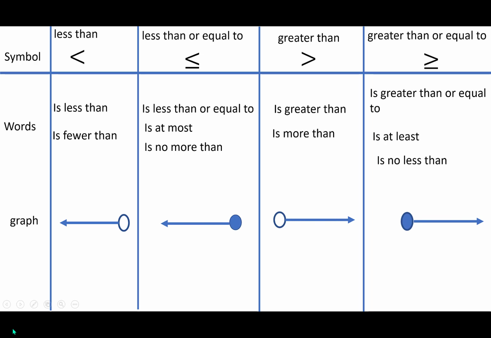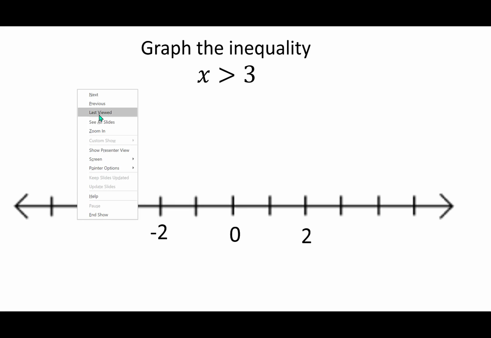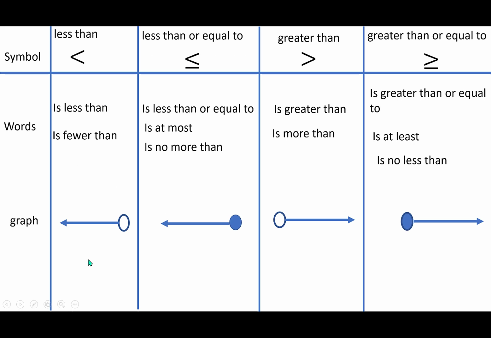All right, so notice here, both of my less thans have arrows pointing towards the left, because on a number line we're wanting the numbers that are less than whatever we got.